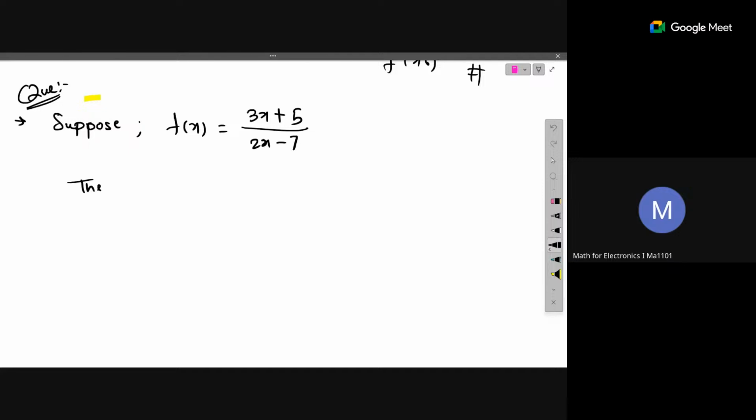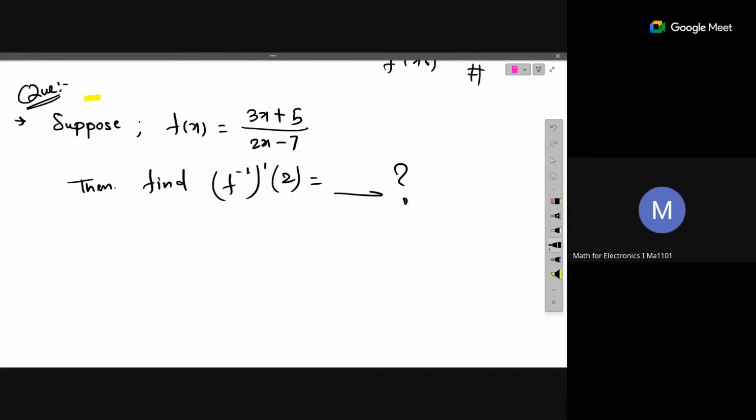Then find f inverse's derivative at a point. What can we take here? You can take any point. Let's calculate it.